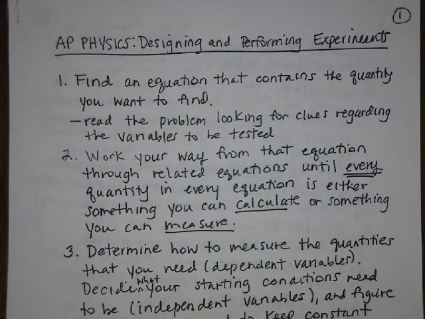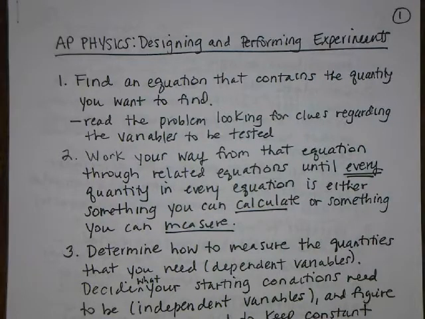Well, for a pendulum, I know the period T is equal to 2π times the square root of L over g, and then I know frequency is equal to 1 over the period. So for that FRQ, all you really need is a stopwatch to measure the period, and from the period, you could find the frequency. So let's look at the steps here.